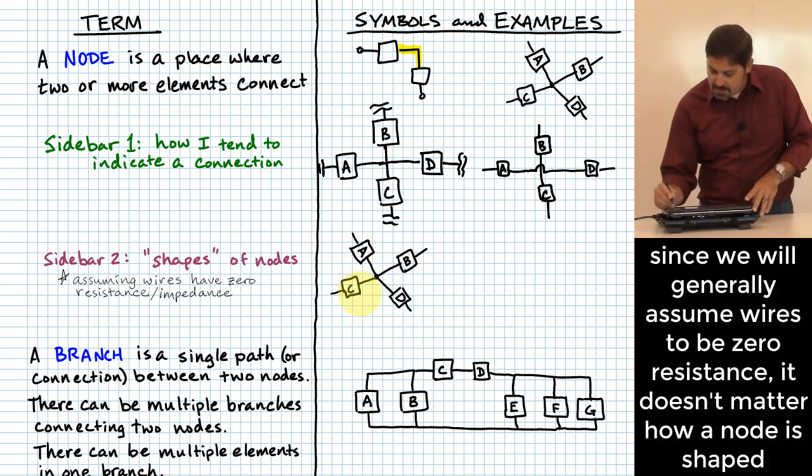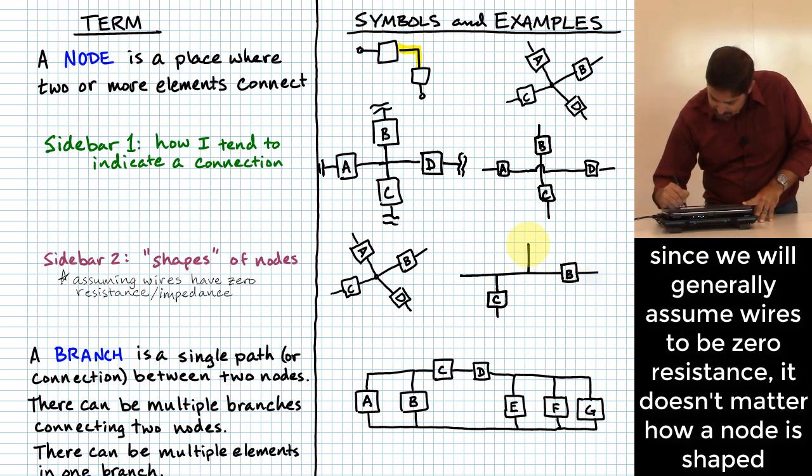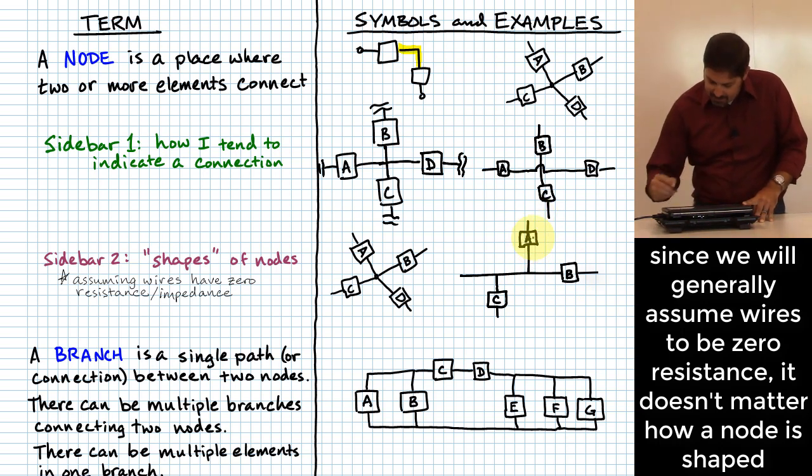It would not be different for me to draw this figure where, let's say I showed one wire and I have one circuit element coming off down here, and it doesn't really matter which one, honestly. And let's say I have another circuit element coming off over here. I'll call that one B. Let's say I have another one coming off up here, and I call that one A. And then let's say I have one more that comes off and goes down here, and I'll call that one, which one am I missing? D.